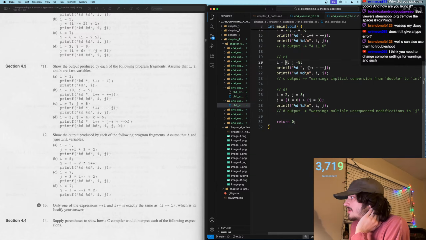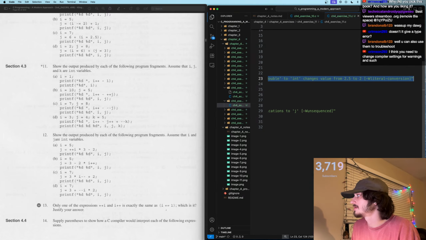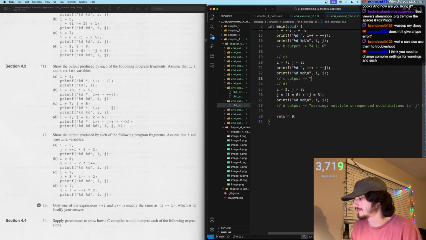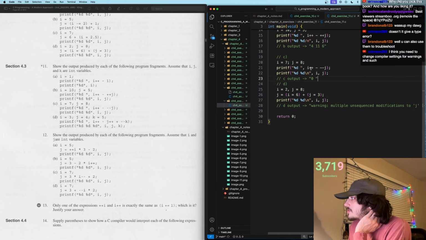So i is 7. I is 7 here and gets used as 7 in this line. 7 minus, 1 less than 8 would be 7, so 7 minus 7 is 0. So I'd say we get a 0. So i becomes 8 in this line, and then j is at 7. So this would be 8, 7.